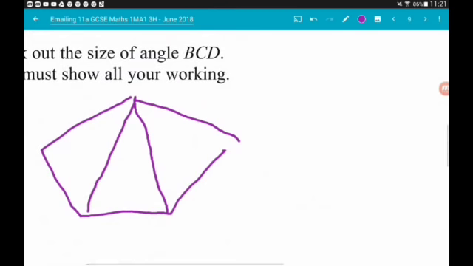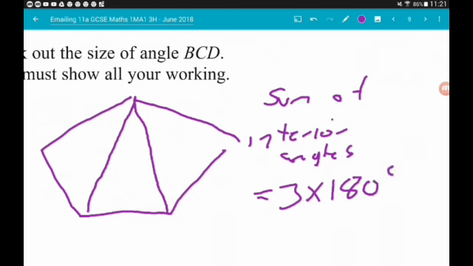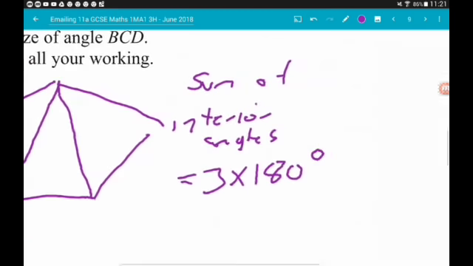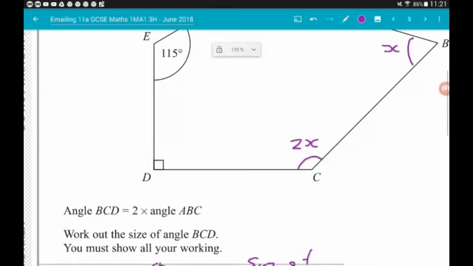So the sum of the interior angles is 3 times 180, which gives us 540 degrees.